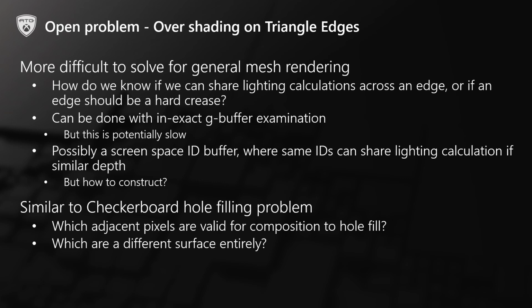There are some parallels here with the checkerboard problem of we have a hole, what do we want to fill it with, which surfaces should I consider on the adjacent pixels and which should I not. There have been some talks about that, particularly Dice did a talk showing an ID buffer for doing exactly this.